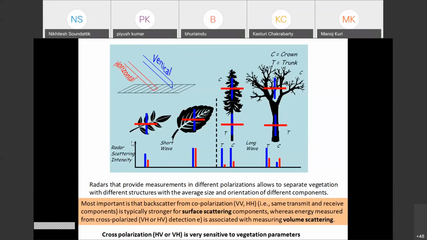So the radars provide information about all these, depending on the orientation and size of the components. Most important is that backscatter from co-polarization, VV and HH, is typically stronger for surface components, whereas the energy backscattered from cross-polarized detection is from the volume component.